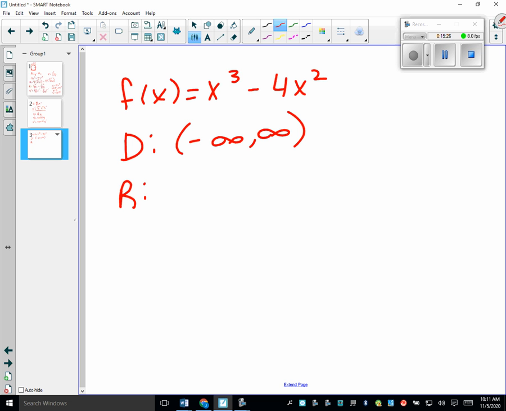X-intercepts. What are my x-intercepts? How do I find x-intercepts? Set my problem equal to 0. And I don't know about you, but I would assume I could factor it. So, do I have (0, 0) and (4, 0)?